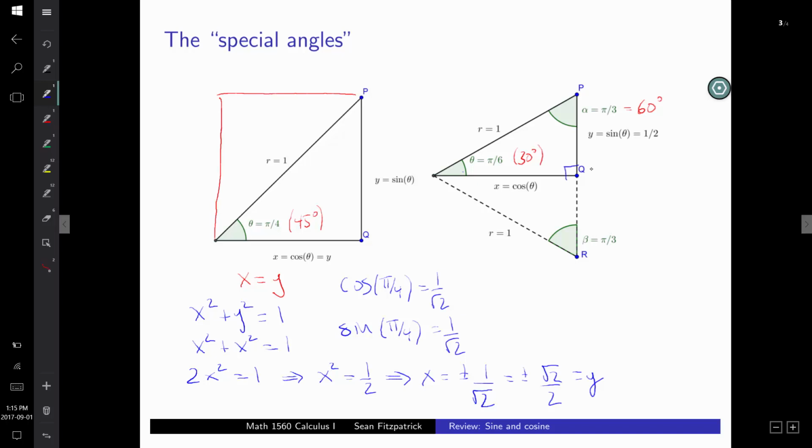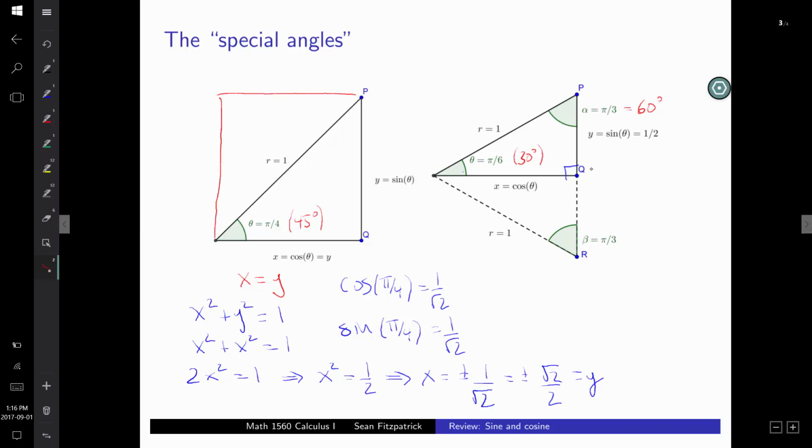And if you take this triangle and double it, it's not hard to see that you're dealing with an equilateral triangle, because then this angle is pi over 3, this angle is pi over 3, and since the angles in a triangle have to add up to pi, that angle is pi over 3 as well, right? And of course we can see that if you're just doubling pi over 6, yes, of course you get pi over 3. That means that you're dealing with an equilateral triangle, so all three sides have to have length 1.